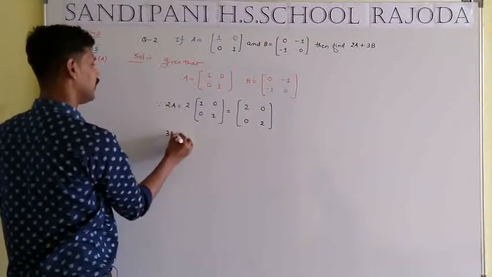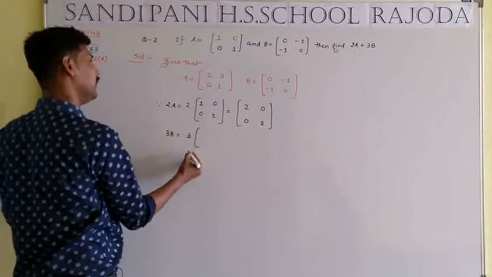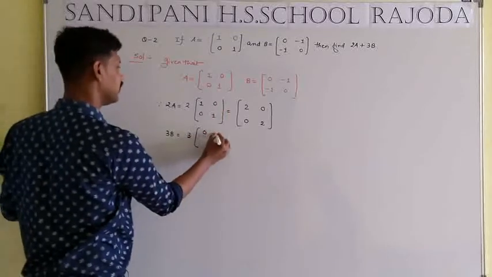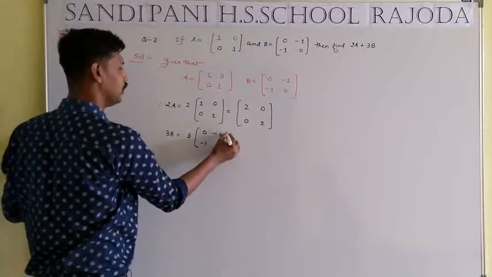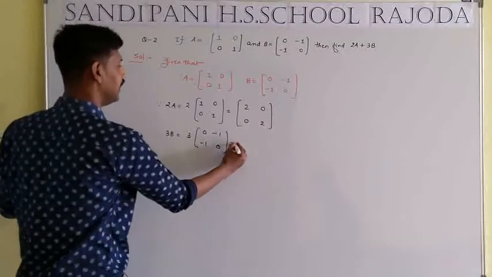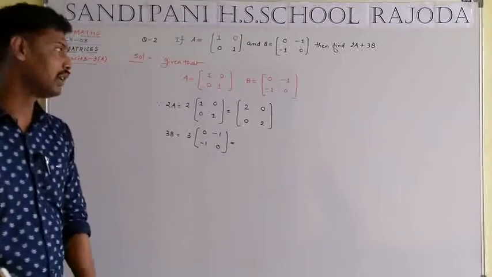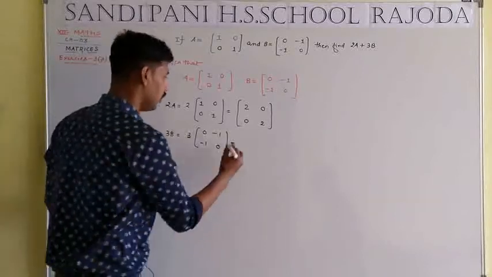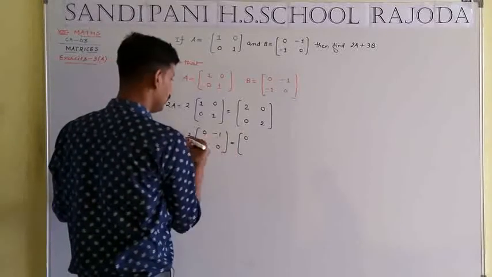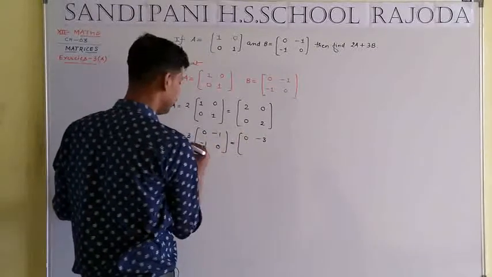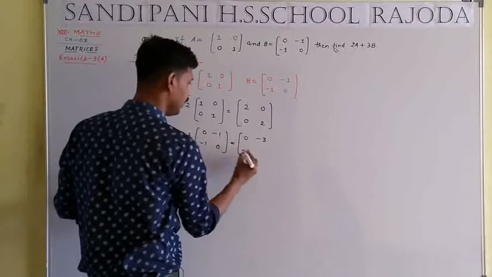What is the meaning of 3B? 3 into B, that means 0 minus 1 0. Multiply by 3 each and every element of matrix B. 3 into 0 equal to 0. 3 into minus 1 is minus 3, then minus 3, then 0.